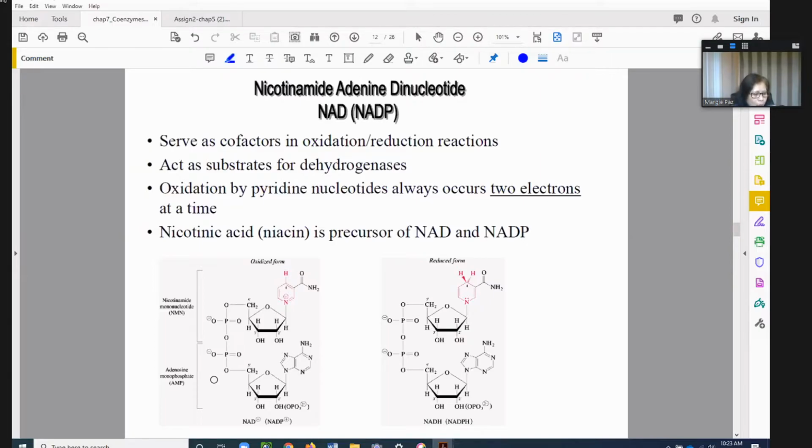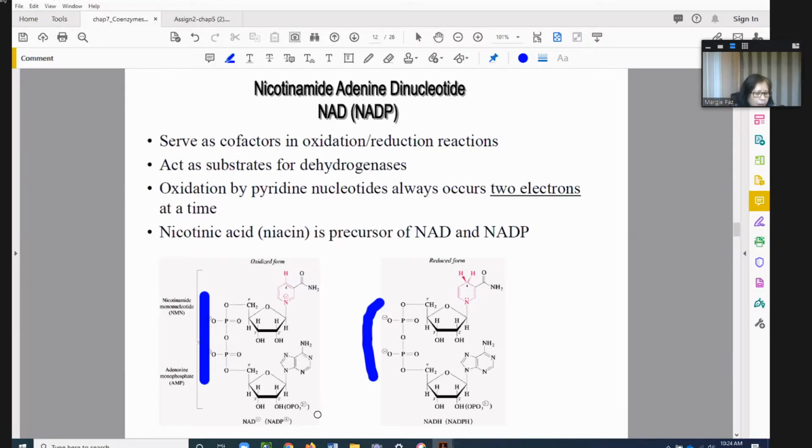Both the coenzymes NAD and NADP contain a phosphoanhydride linkage. So we see the linkage here and for the reduced form here. Right?